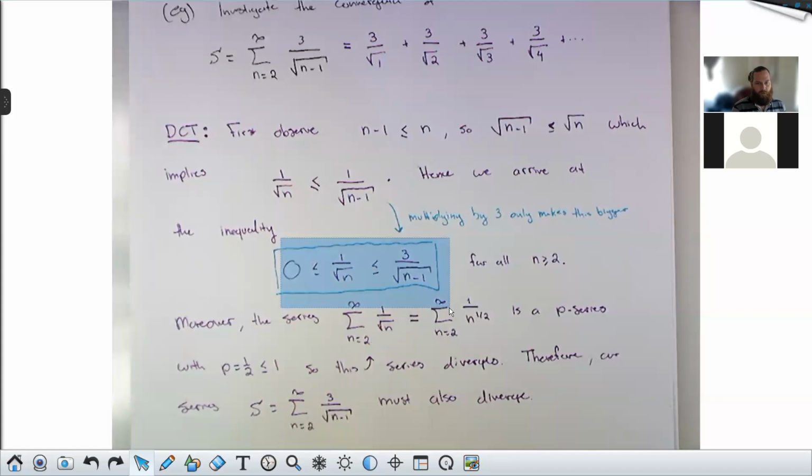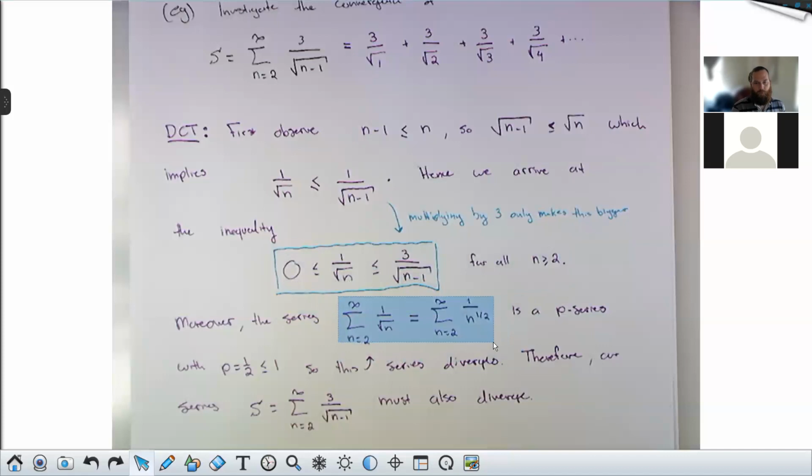The inequality says the terms of my series are larger than this thing. So if the series I get when I slap a sigma onto this is divergent, that will tell me that the sum of these things is divergent. So the parts you need, the inequality. You need to tell me the inequality, you need to tell me where the inequality is true. Then you need to tell me whether the series you're comparing with is convergent or divergent and why.